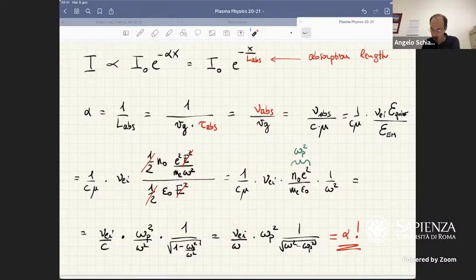Then we have the characteristic angular frequency of plasma oscillation, so the plasma frequency, and then a term that was the square root of this difference in frequencies, which is actually related to just the refractive index.